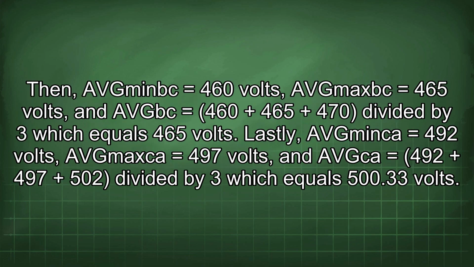Then AVG min equals 460 volts, AVG max equals 465 volts, and AVGBC equals (460 plus 465 plus 470) divided by 3, which equals 465 volts. Lastly, AVG min equals 492 volts, AVG max equals 497 volts, and AVGCA equals (492 plus 497 plus 502) divided by 3, which equals 500.33 volts.